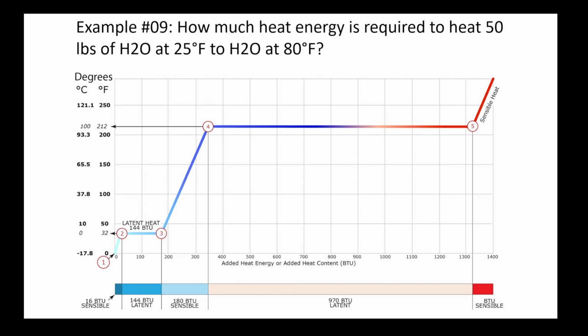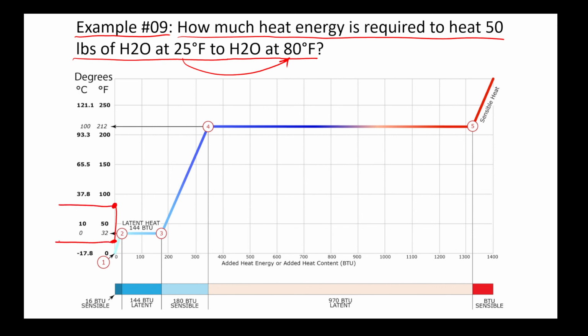And finally, in example number 9, we are asked how much heat energy is required to heat 50 pounds of H2O at 25 degrees Fahrenheit to H2O at 80 degrees Fahrenheit. So we're going to go from 25 here to 80, which is somewhere here.